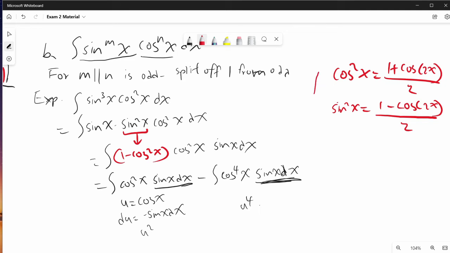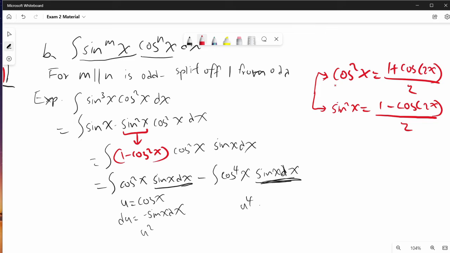These two are from the double angle formula. It's from cosine 2x equal to 1 minus 2 sine squared x. I think that is it.